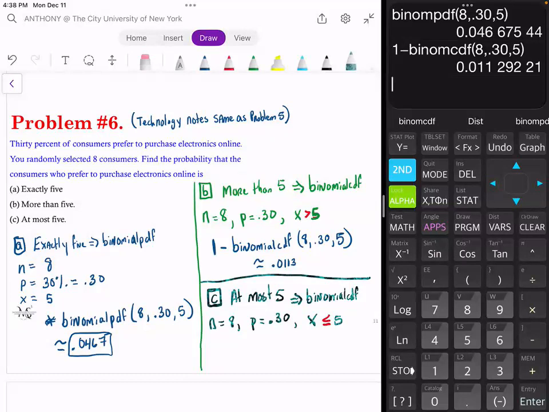And again, all we need is just the binomial CDF of n, which is 8, 0.30, which is our p-value. Now, for at most 5, we are definitely including 5 here. 5 is where I'm stopping. So I don't need to do the minus 1 here.